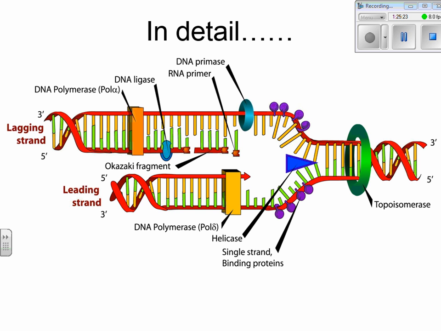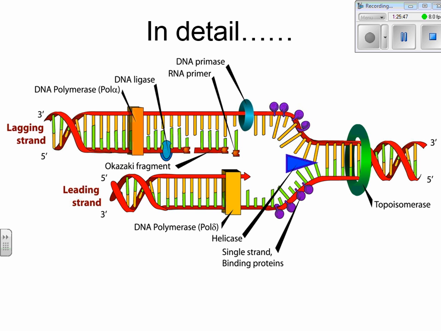Those binding proteins are really like a bit of scaffolding that just holds the strands away from each other. Because otherwise, once you've separated them, what's to stop them just coming back together again? So, yeah, they're a bit of support. But the only important thing so far, really, for us, is this helicase.